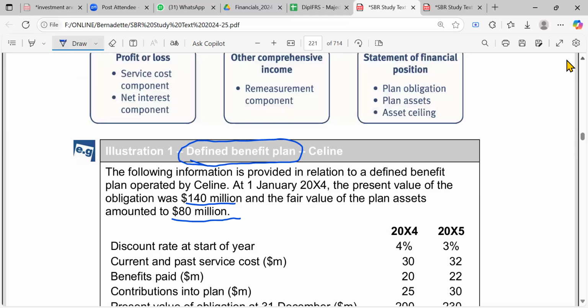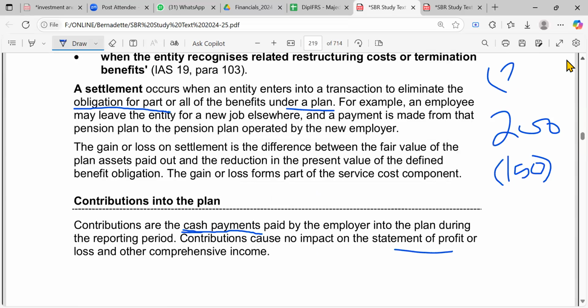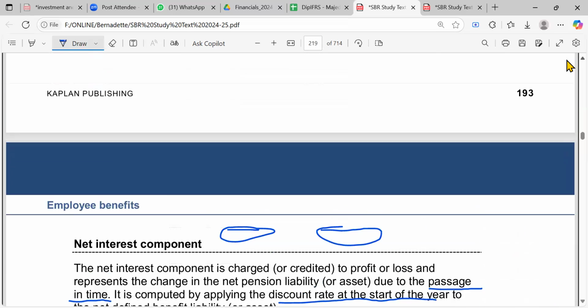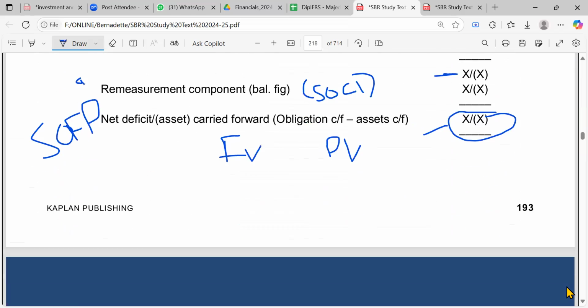The liability is higher than the asset, so it's a deficit. You can call it whatever name you wish: net deficit, net asset, net plan asset, net plan liability.